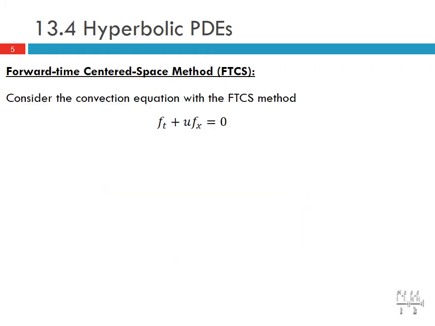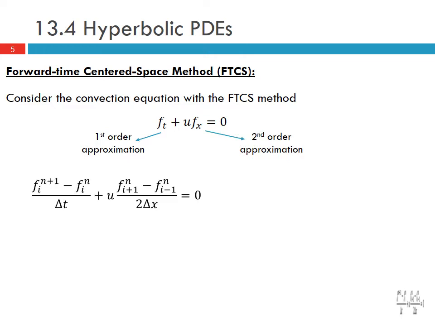So let's look at the forward time-centered space method, FTCS method, that we introduced in the parabolic PDE section. Let's consider this for the convection equation, f_t plus u f_x equals 0. Recall this method uses a first-order approximation in time and a second-order approximation in space.